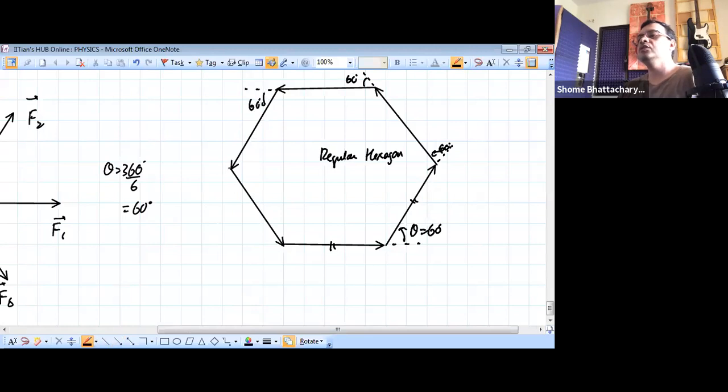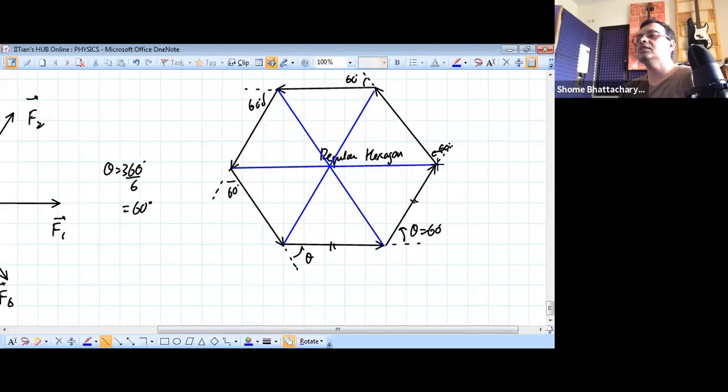Now another point to notice about any regular polygon is that whatever the exterior angle between two consecutive sides, that itself becomes the interior opposite angle. I mean, that becomes the angle subtended by any two of the sides, or any side at the centroid.